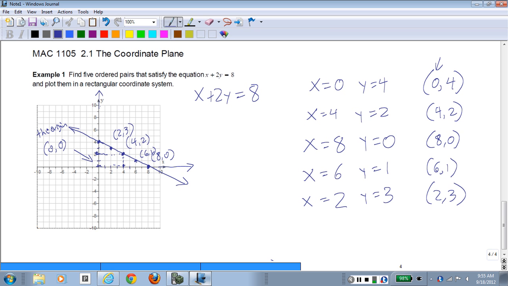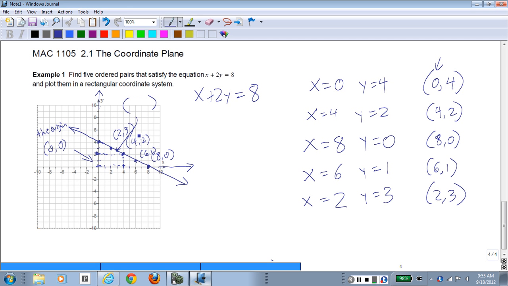I haven't done it yet, but I think we could figure out, if we had to, the coordinates of a point that's halfway in between 2, 3 and 4, 2. Would you agree, first of all, that the point that's halfway in between these 2 points is actually on that line? Is that believable? I believe that point's on the line, for sure.